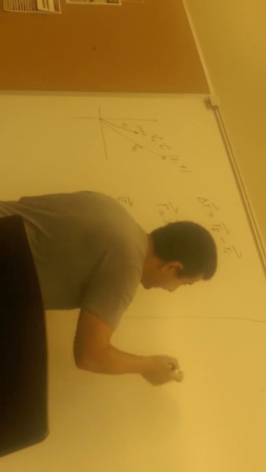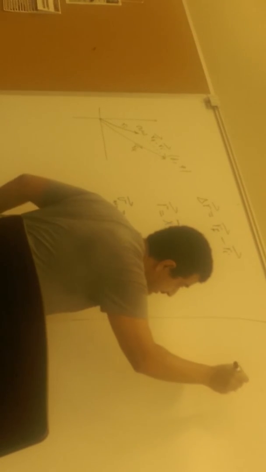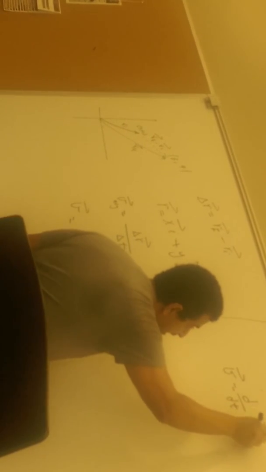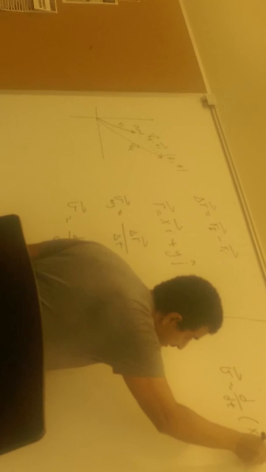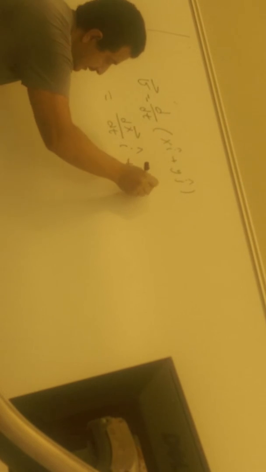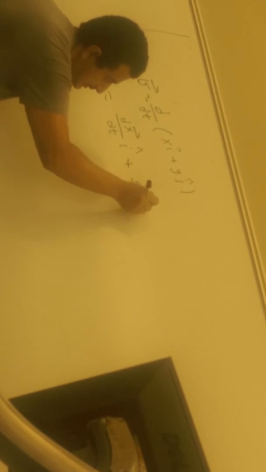And then I could just take this and say that v equals dr over dt, and I could write r as x i hat plus y j hat, and then I could differentiate this, and this would be dx dt i hat plus dy dt j hat. And what is dx dt?